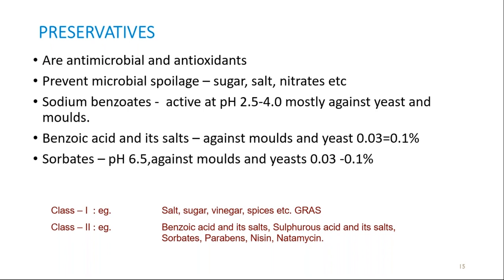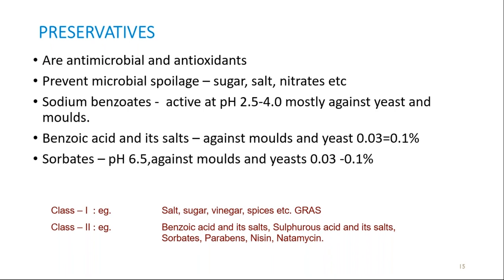So you will see salt is added in pickles to prevent microbial growth. High concentrations of sugar are added in jam, etc., to prevent microbial growth. Vinegar is added so that the acidity comes down and prevents microbial growth, and so also the spices. Several spices have antibacterial activity, and so they are used as class 1 preservatives.